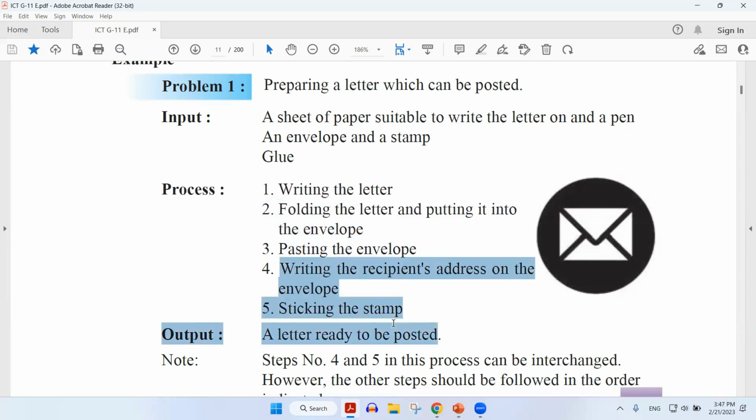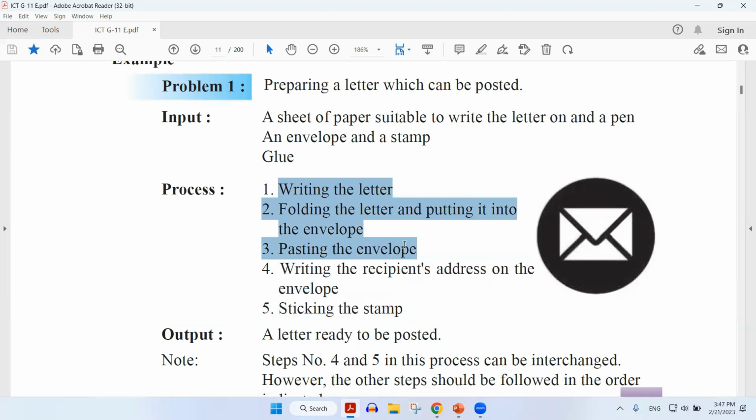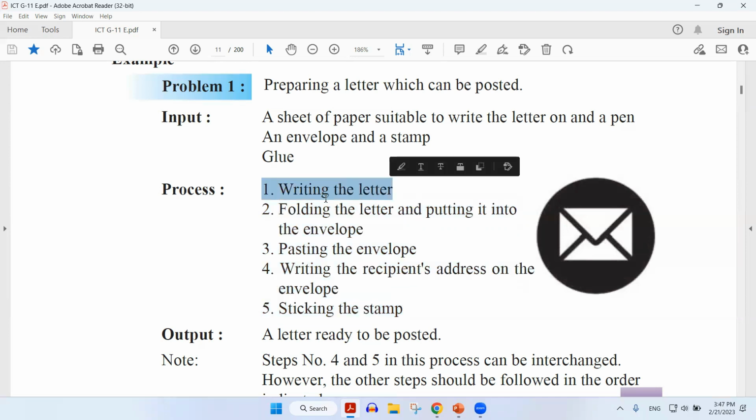So it doesn't matter whether we do these two things first and these three steps last; it takes the same time as the original order, right? Both answers can be taken as a correct way of creating a letter ready to be posted.